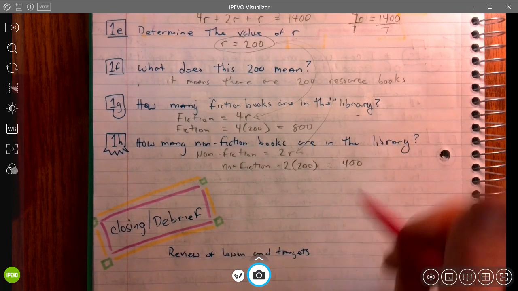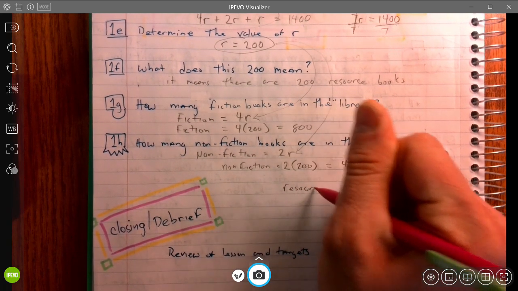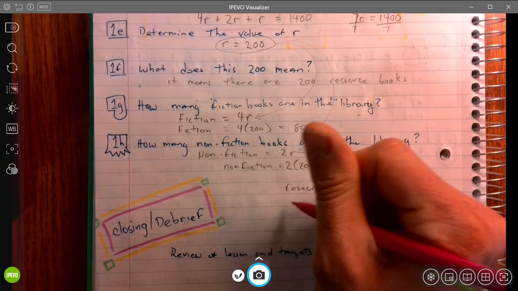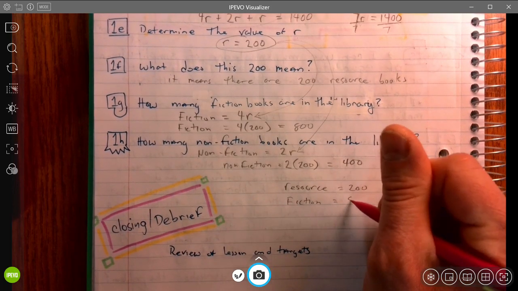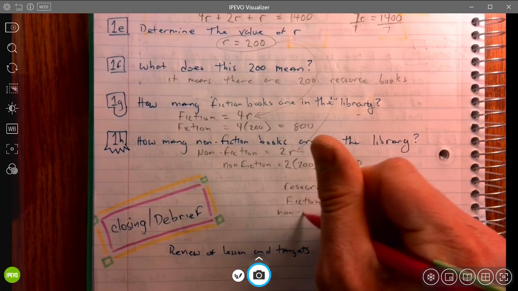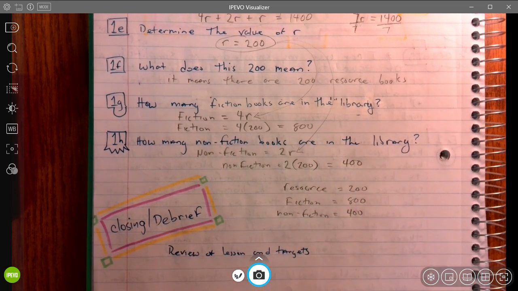Okay, so we have resource books are equal to 200. Fiction books, there are 800. And nonfiction books, there are 400 nonfiction books. How can we check to make sure that we're right?